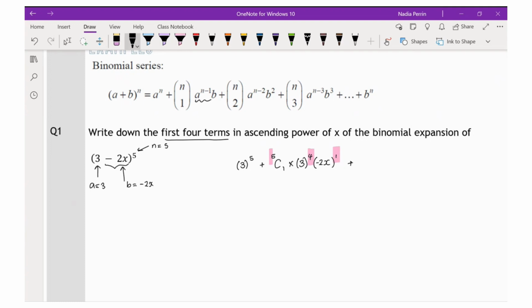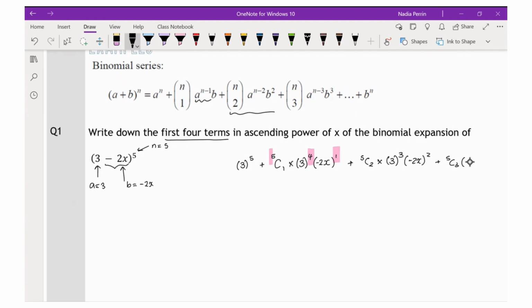So if we go to the next one, we're looking at this one now. It's 5c2. We're going to be timesing by A to the power of, this time it's n minus 2, so 5 minus 2 is 3. So you see that nice pattern, 5, 5, 4, 3. And the next one, we're now squaring it, and see the 3 plus 2 is 5. So there's lots of nice patterns.